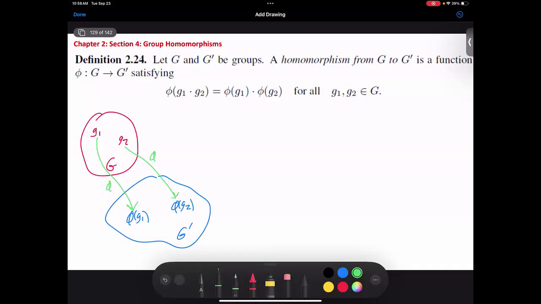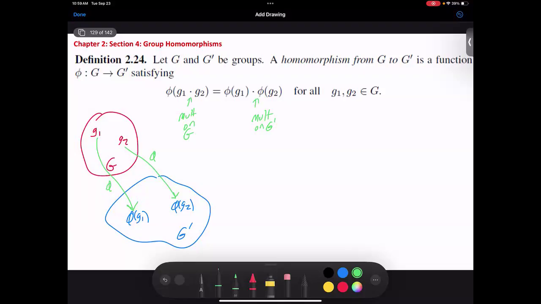We've all seen this before, maps from one set to another. A map from one set to another, that's not really exciting. What's exciting is that the map is very respectful to the two group multiplications. In the book, Silverman remarks that these are not really the same dots. This dot is multiplication on G, and this dot is multiplication on G prime. We really could use different notation.